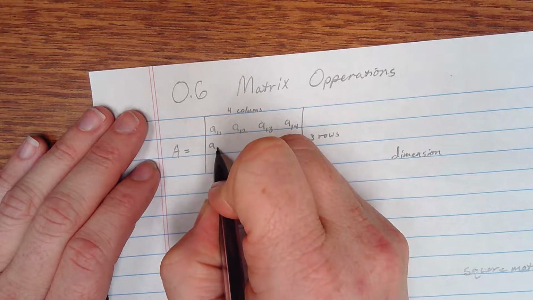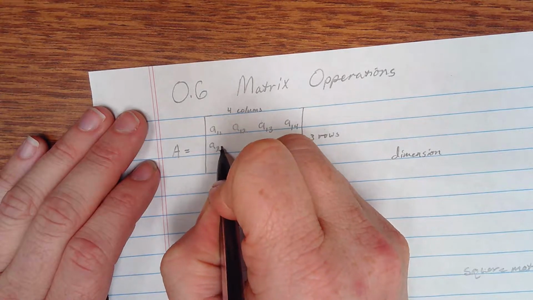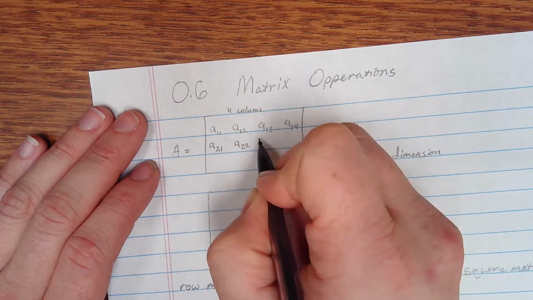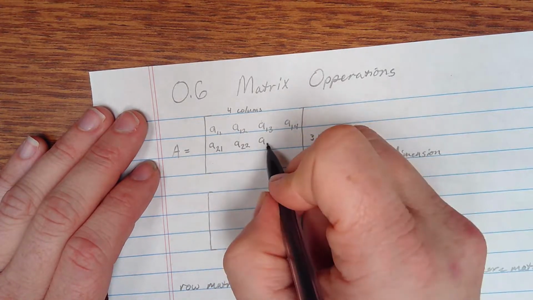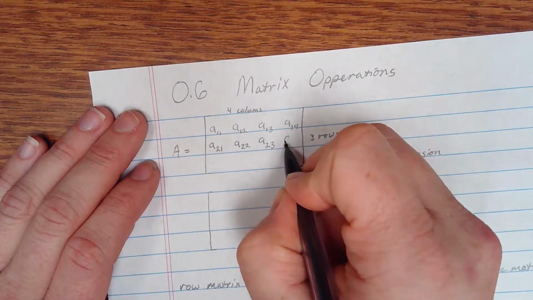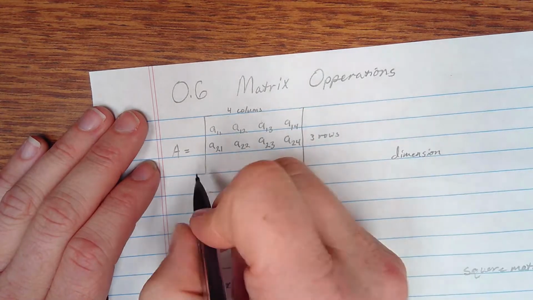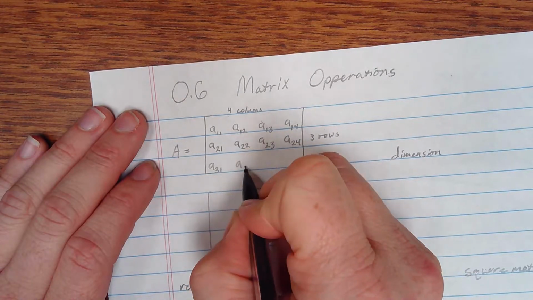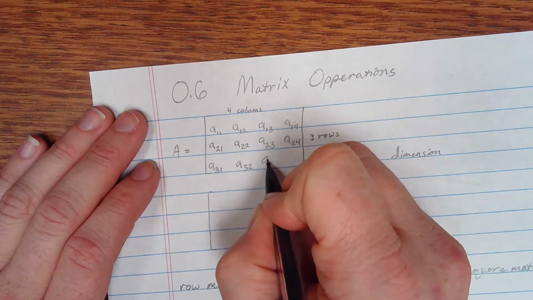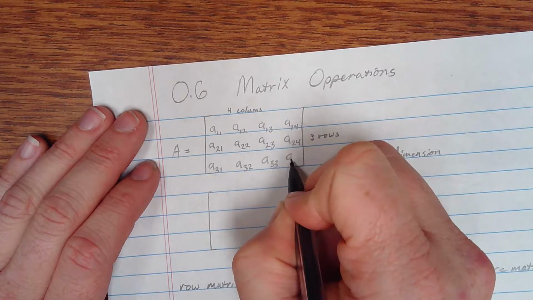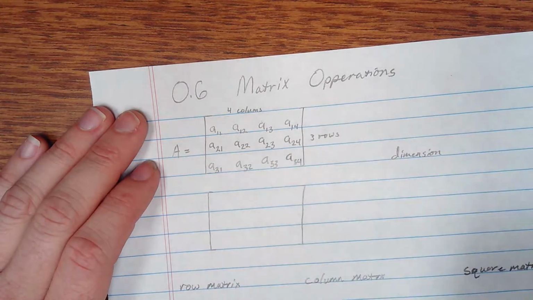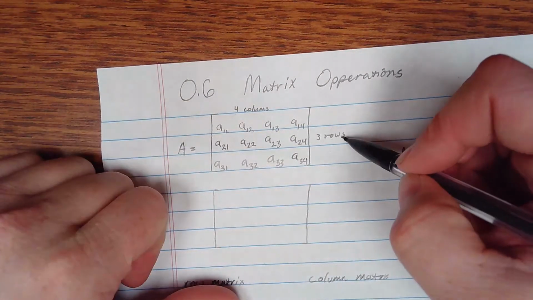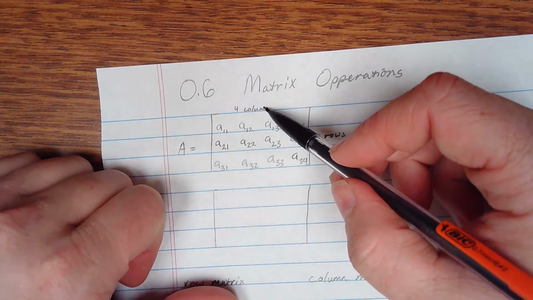Little a, second row, first column, little a, second row, second column, a, 2, 3, a, 2, 4, a, 3, 1, a, 3, 2, a, 3, 3, a, 3, 4. Okay? So this is 3 rows, 4 columns.